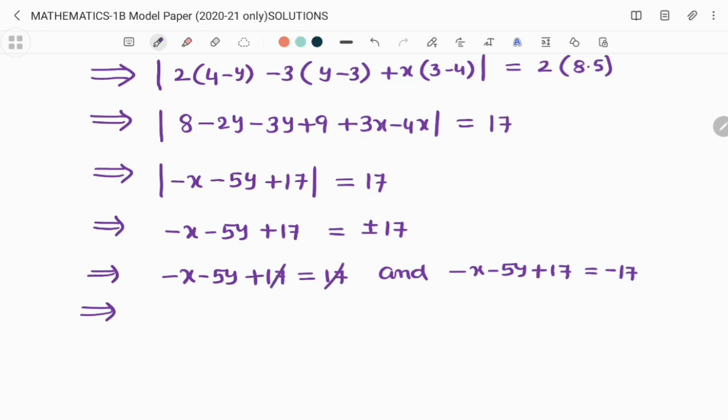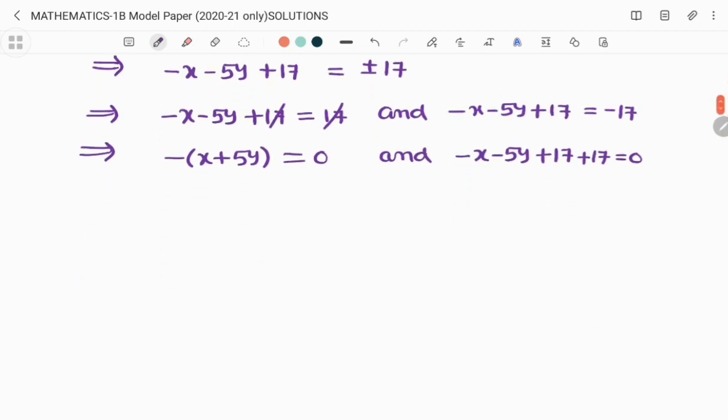In the first, both 17 get cancelled: minus of x plus 5y is equal to 0. In the second, we take minus 17 to this side: minus x minus 5y plus 34 equal to 0.